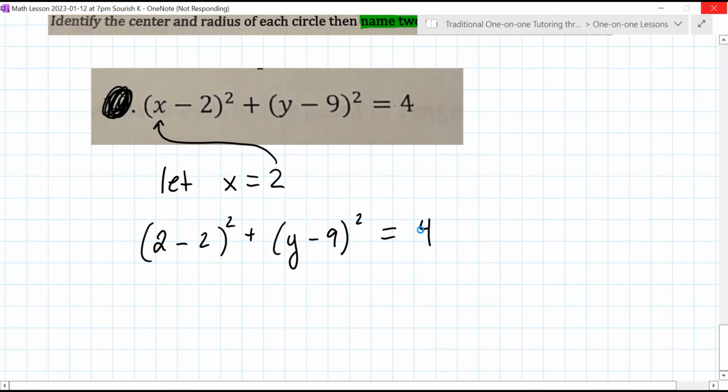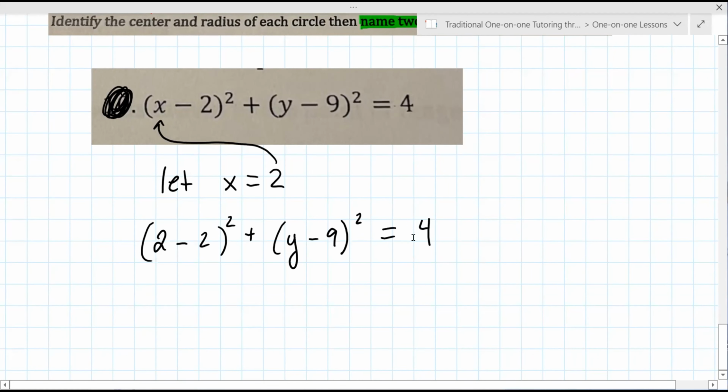Should I write that down? Yes. Okay, got it down. All right, now we're going to start simplifying.